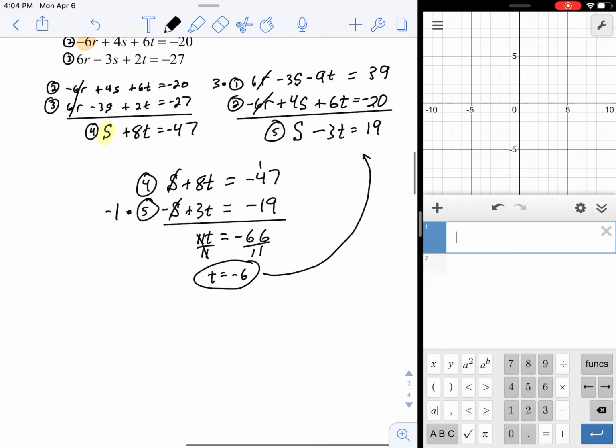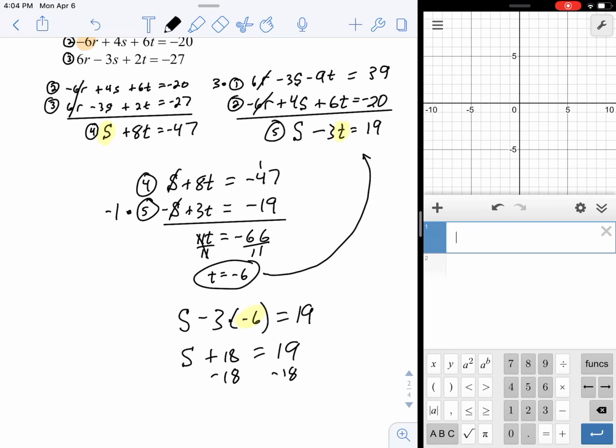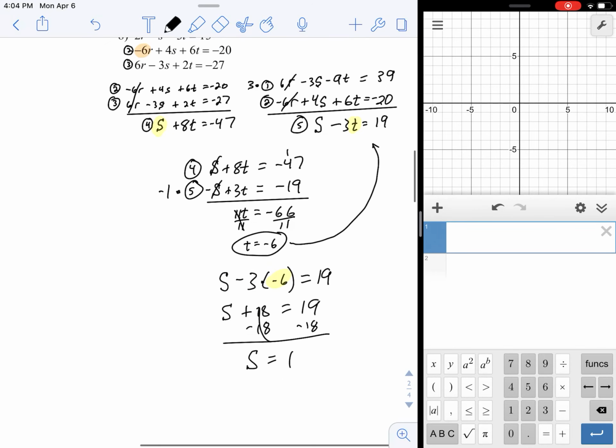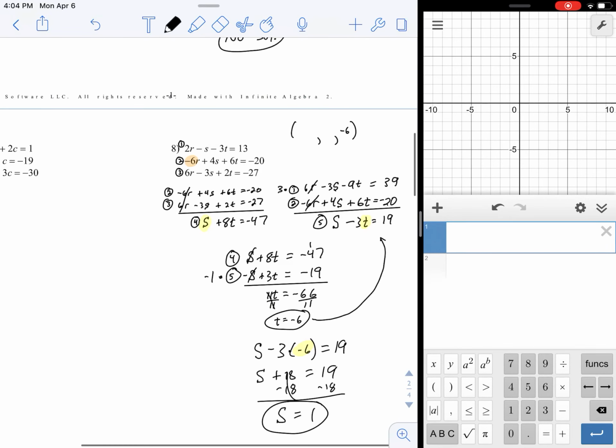So I substituted the -6 for t right there. So s plus 18 equals 19, right? -3 times -6 is 18. Subtract the 18 over. You get s equals 1. There's a second answer. s equals 1 is the second part of our ordered triplet, as it's called.